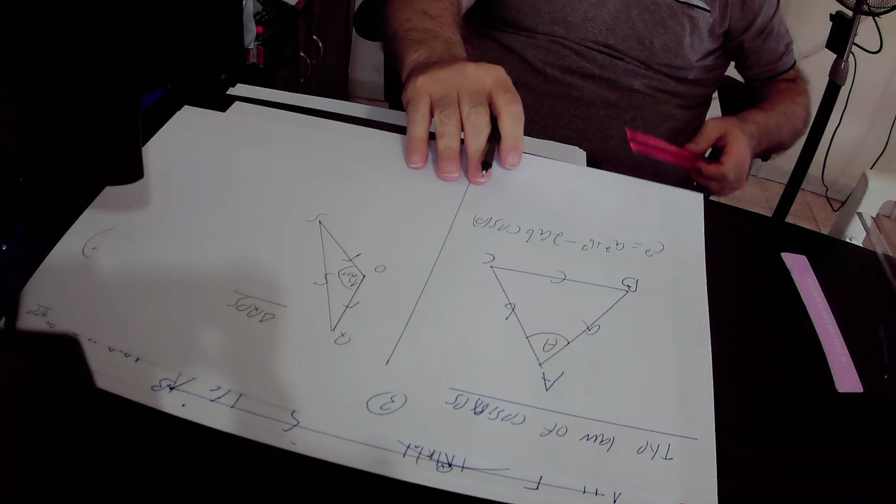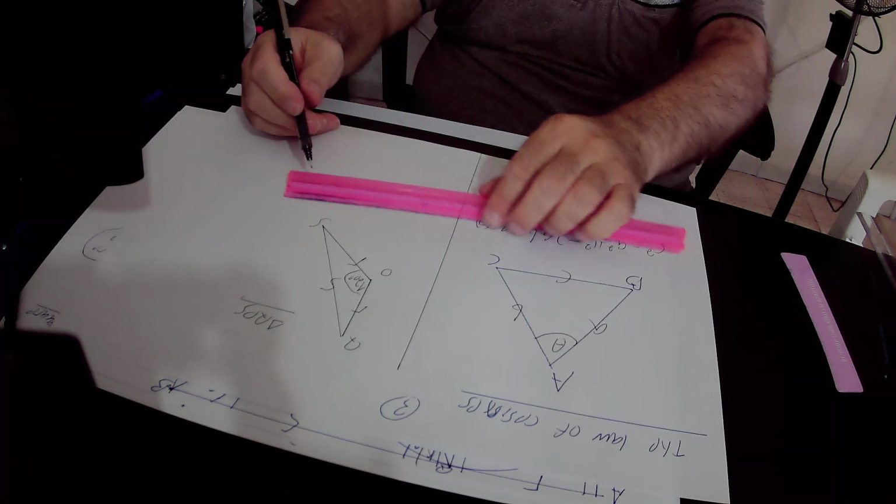So this is triangle QOS that I copied from the original drawing.